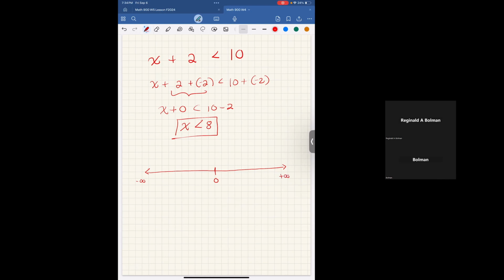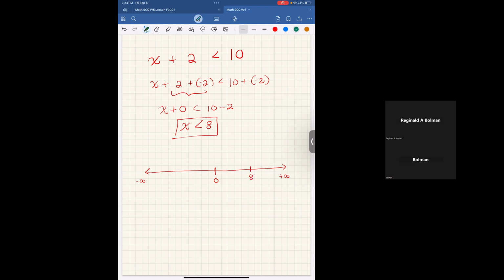If it's measuring to the right, we'll say that it's measuring to positive infinity, and if it's measuring to the left, it's measuring to negative infinity. Now, if we were to say that x must be strictly less than 8, then somewhere on this number line, I'm going to have the number 8.